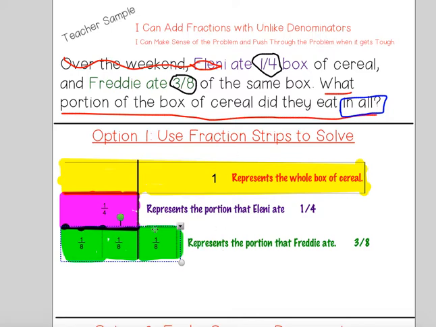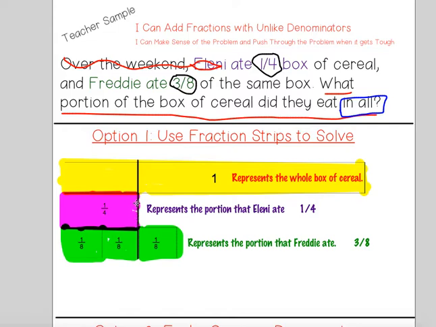So now my question is, how much did they eat in all? How much did Eleni and Freddie eat total? So I have to take the purple strip and the green strip and combine them together to get a total amount. What I can do by looking at these fraction strips is say, okay, I see that there's 1/8, 2/8, and 3/8 down at the bottom.